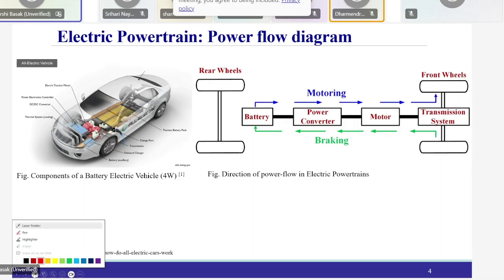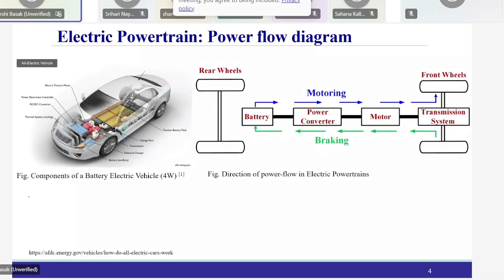The motor actually performs two aspects: one, it can be used for your propulsion or forward movement, as well as for braking purposes. So these are the two different utilities of the motor.